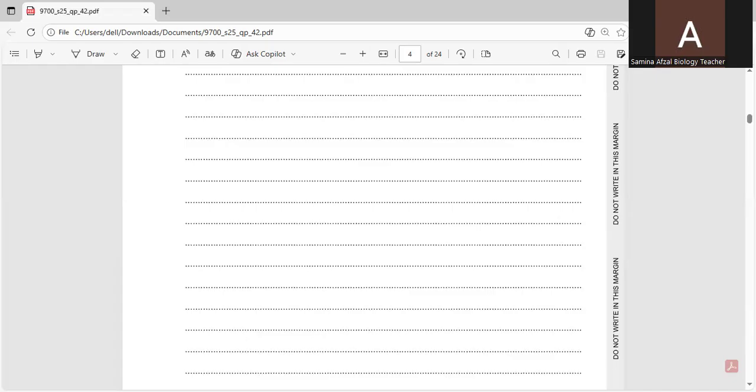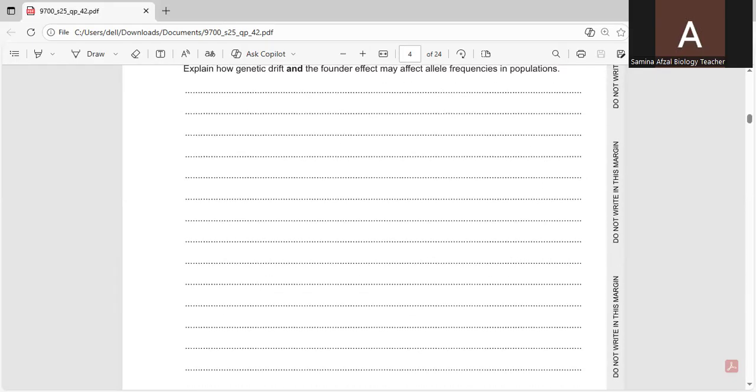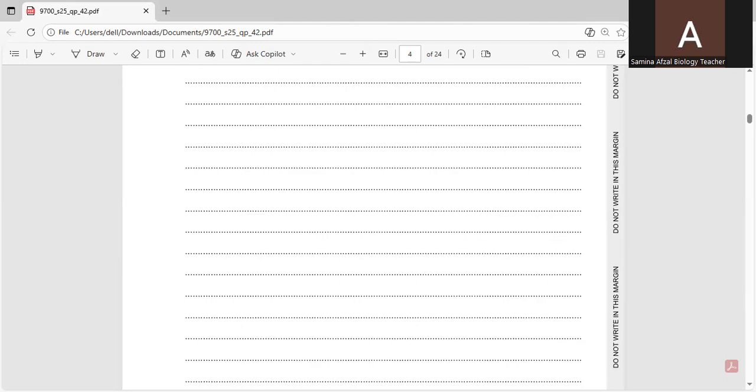So first of all, I will start with genetic drift. Genetic drift is the random fluctuation of allele frequencies from one generation to the next due to chance events. In a small population, it is possible that by pure luck, some individuals with specific alleles do not reproduce, or their offspring are simply not produced, or they do not survive irrespective of their fitness.